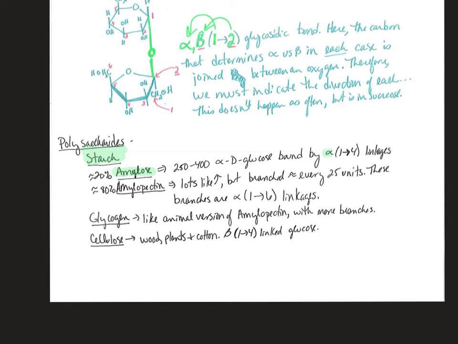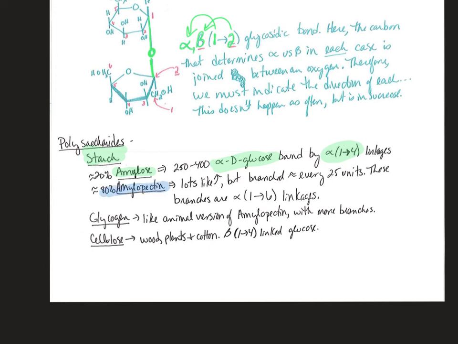So you need to know that amylose is alpha 1,4 linkages of alpha D glucose. I know that's a lot to know, but that's going to come back, so you need to make sure that you know that.